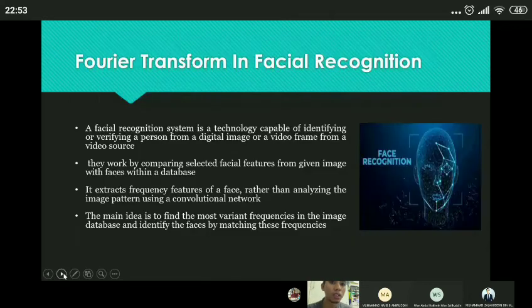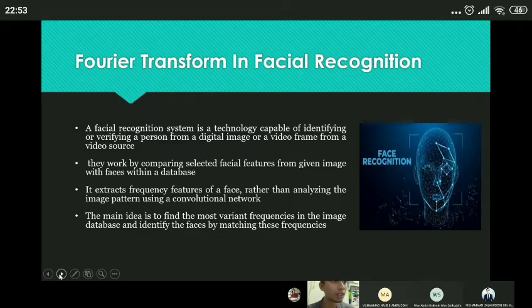Next one is Fourier transform in facial recognition. A facial recognition system is a technology capable of identifying or verifying a person from a digital image or a video frame from a video source. They work by comparing selected facial features from a given image with faces within a database.